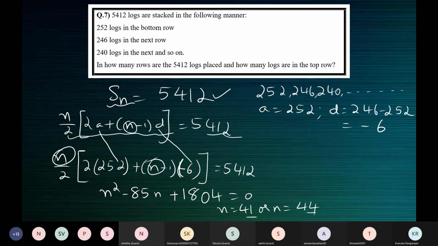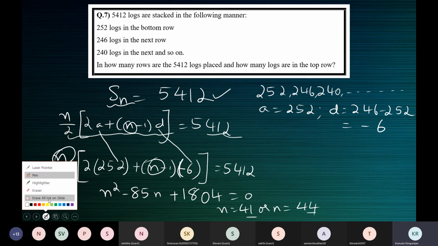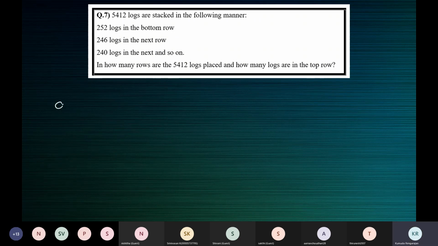That is, if the logs are arranged in 41 rows, then in the 41st row, A41, how many logs are there? We'll try to find that. Why we're finding A41 is because we're trying to find how many logs are there in the top row.